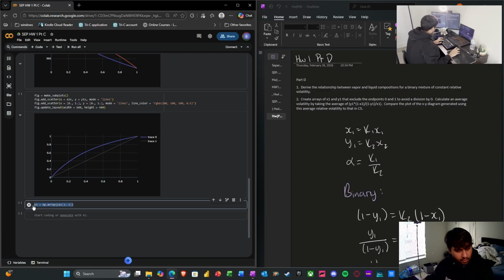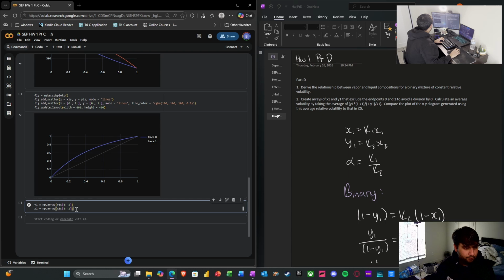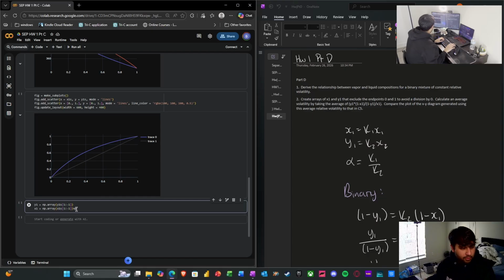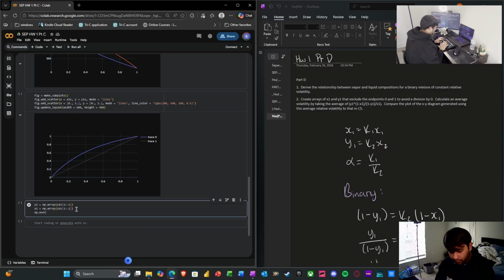Go ahead and copy this to make for the liquid composition. There we go. So now we have our liquid and vapor composition arrays, and then we're also going to go ahead and get the average.